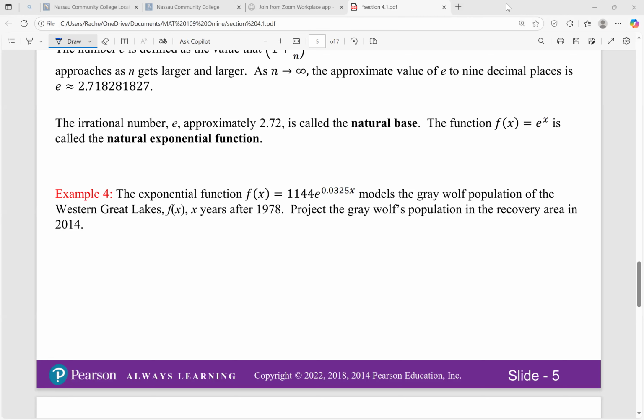So this model here, f of x equals 1,144 times e to the 0.0325 times x. This models the population as a function of time, the number of years after 1978.